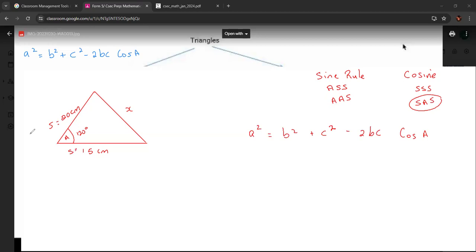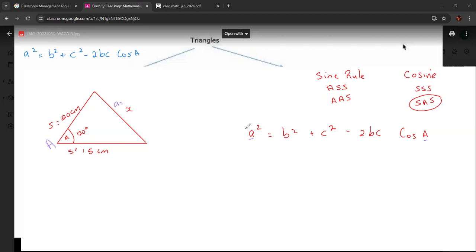Now, what you need to know is that letter A, if you notice, you have a is equal to this, and then you have cos of A. So this angle here, we're going to label that A, and the side that is opposite would be the corresponding small a.